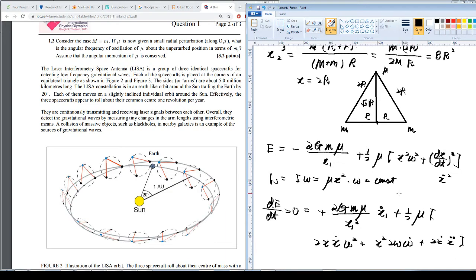You see, our goal is to get to that point. That's the master equation for simple harmonic motion. So somehow we need to get to that point.